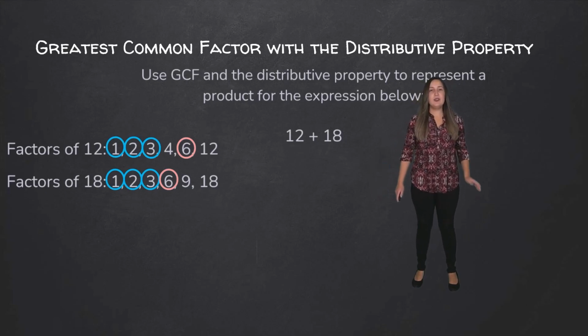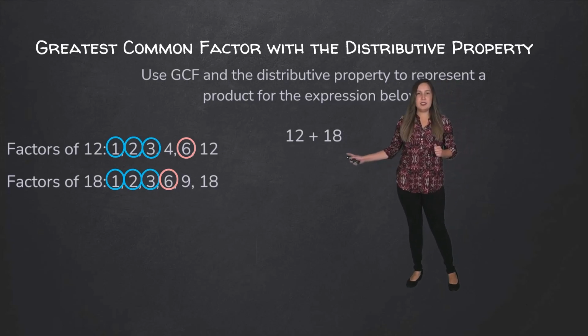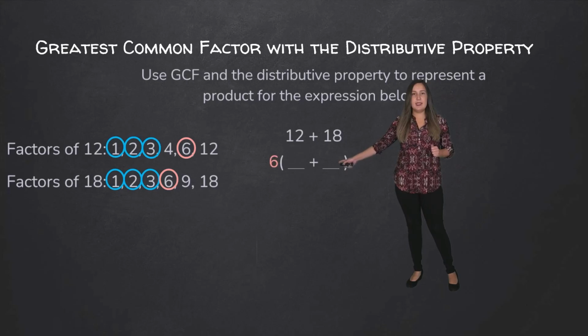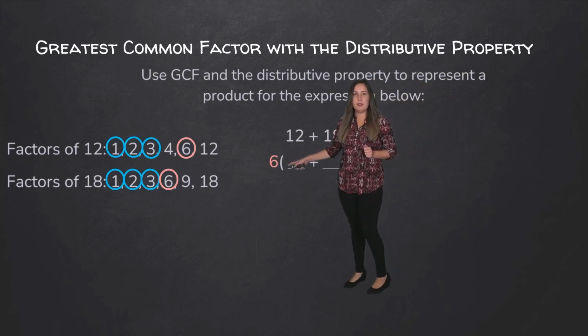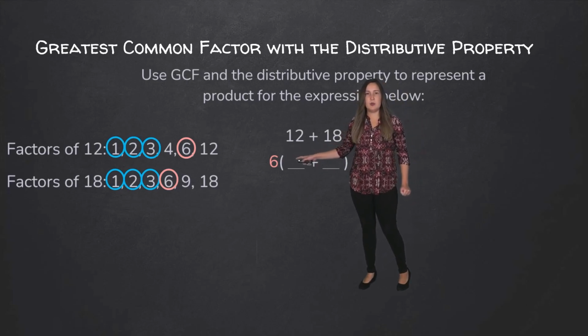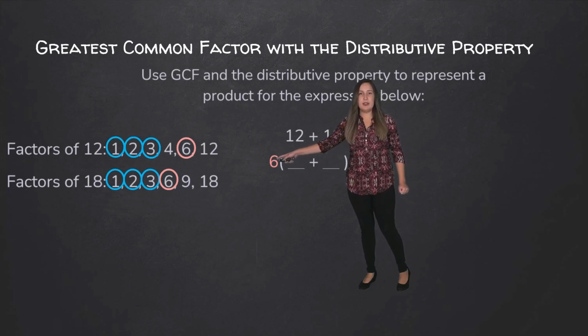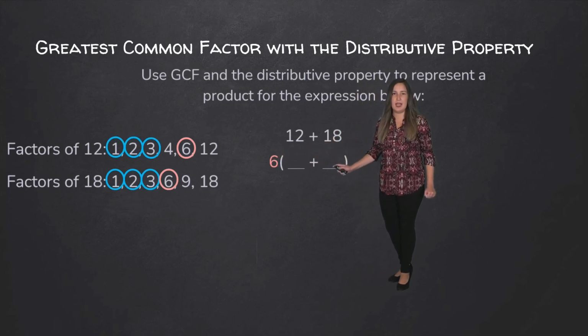So now that we've identified our greatest common factor, underneath this expression, we're going to write 6 on the outside of parentheses, and we have 2 spaces here because we're going to figure out 6 times what is equal to 12, and 6 times what is equal to 18, so we can put those two numbers in these lines.